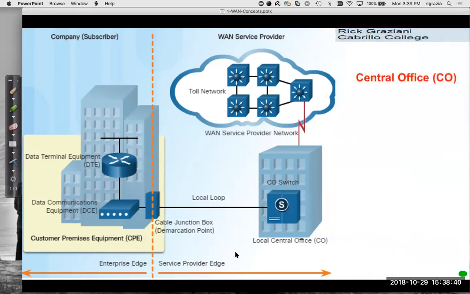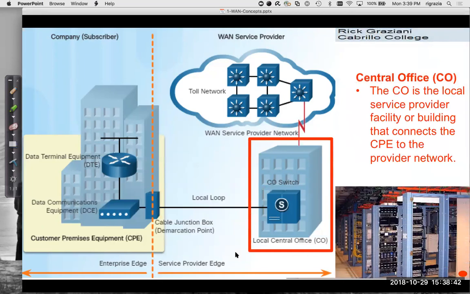Okay. As far as the central office goes, this is the service provider's facility or building that connects the customer premise equipment to the provider network. And by the way, depending on what this connection is, there might be something along the local loop. Like for DSL, you might see these things called a DSLAM that we'll talk about in a moment.